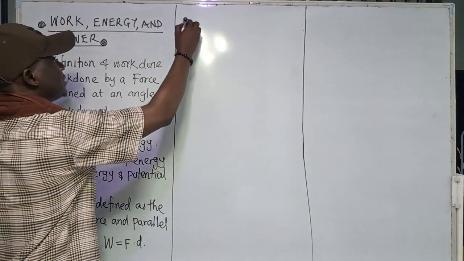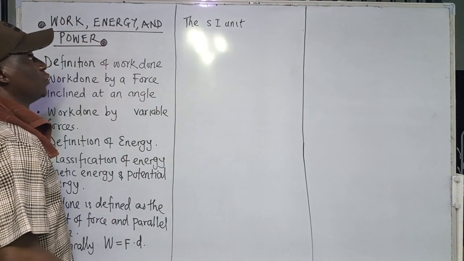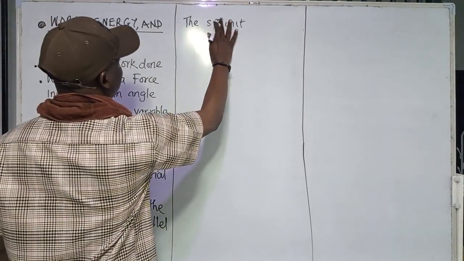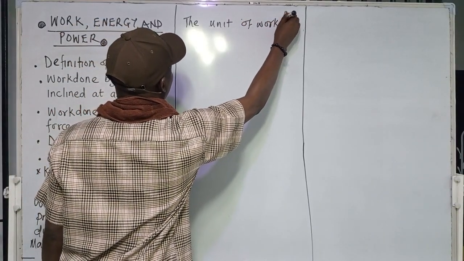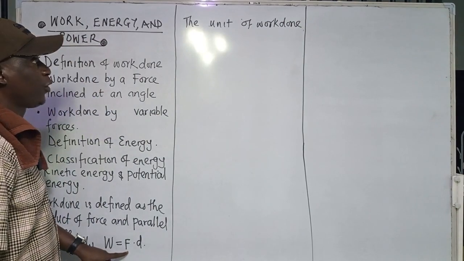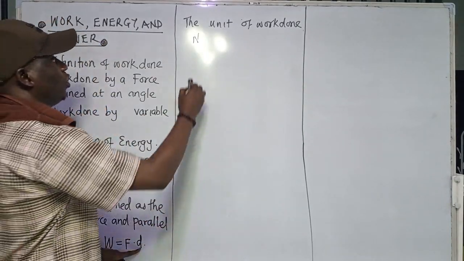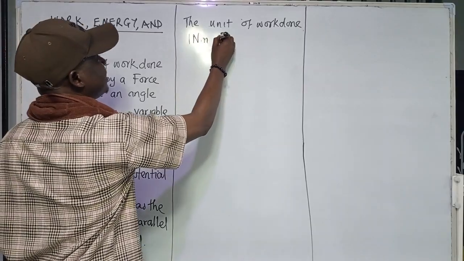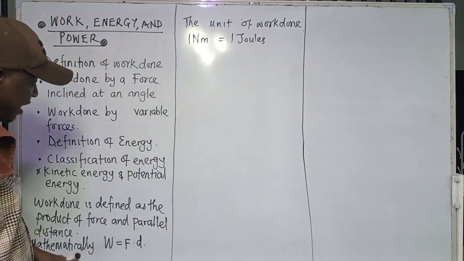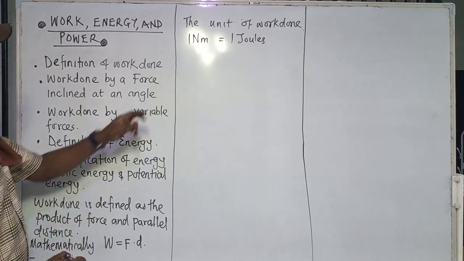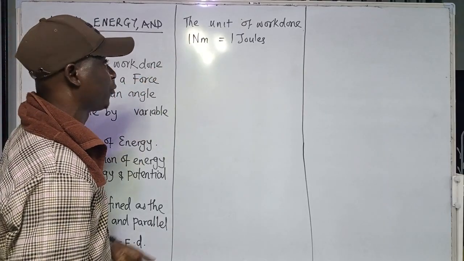The SI unit of work done: force is measured in Newton, then distance is measured in meter. So 1 Newton meter is equivalent to 1 joule. So 4 Newton meter is equivalent to 4 joules.